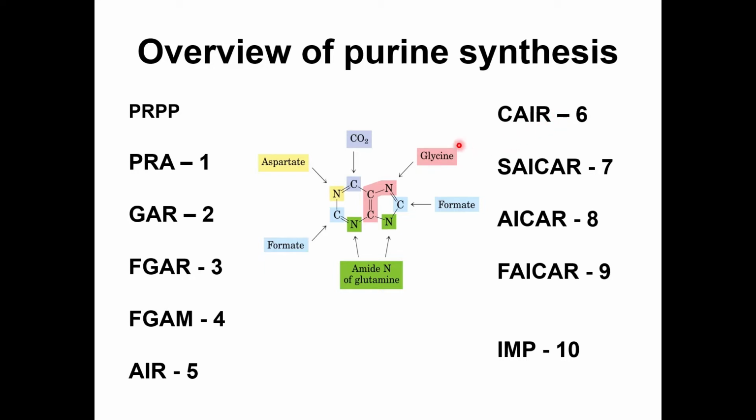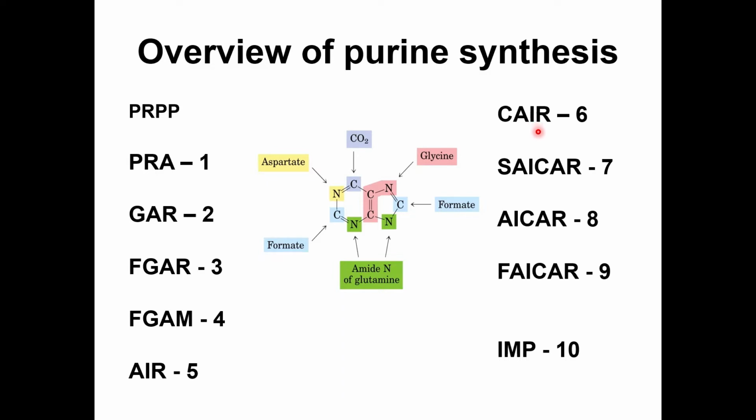The second ring is now built by stepwise addition of the final three atoms. The first atom to be added is C6, which comes from CO2 and is incorporated to form CAIR.